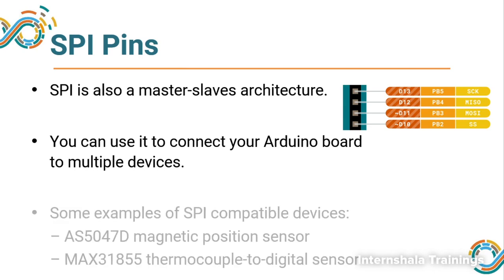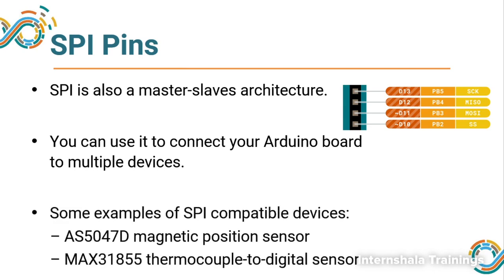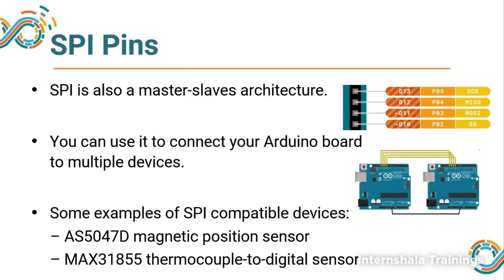So this is also a master-slave configuration. Some of the components apart from Arduino which support SPI are the AS5047D magnetic position sensor and the MAX31855 thermocouple. This is how we can connect one Arduino board with another Arduino board. One of them will be master, the other one will be slave.